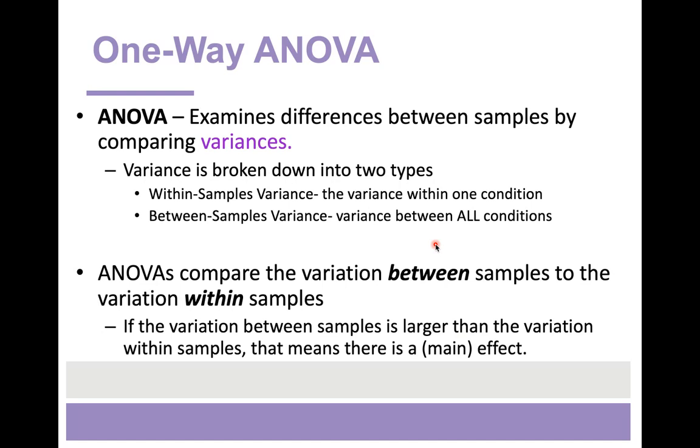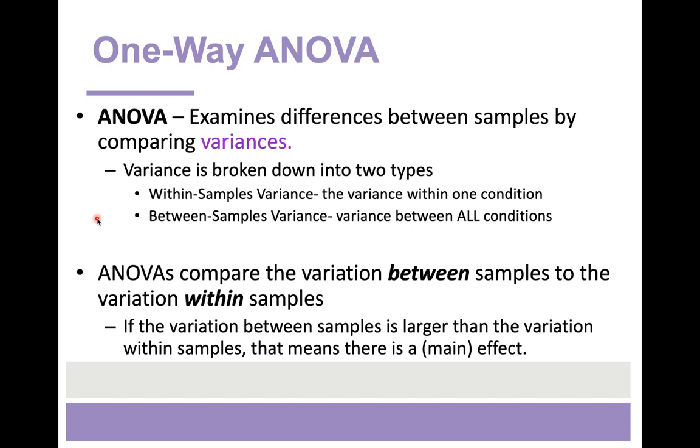And what an ANOVA does is it compares the amount of between groups variability to the amount of within groups variability. Because if we're doing an ANOVA, we're asking the question, does amount of medication cause these groups of people to differ from one another?